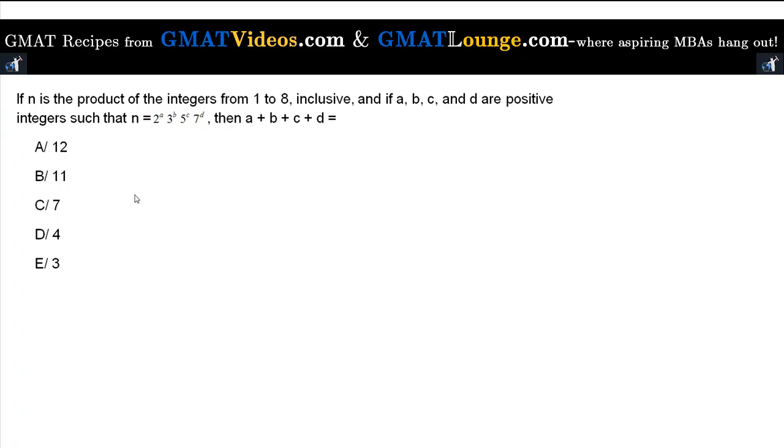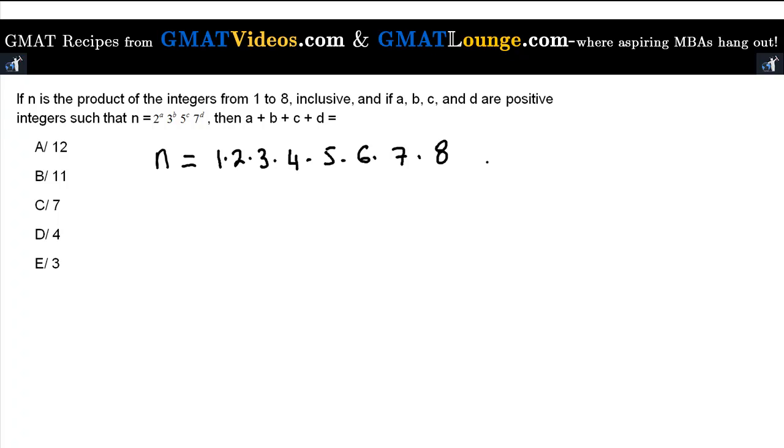Okay? Now, first we need to write down exactly what they said here. The n is a product of the integers from 1 to 8. The way to write that mathematically is to say that n is equal to 1 times 2 times 3 times 4 times 5 times 6 times 7 times 8.